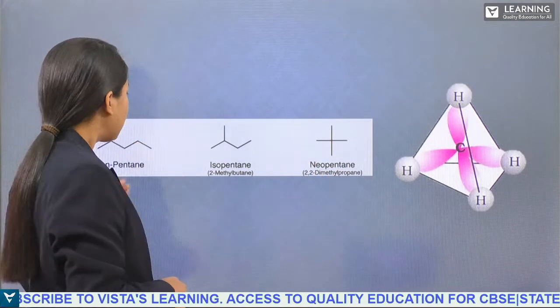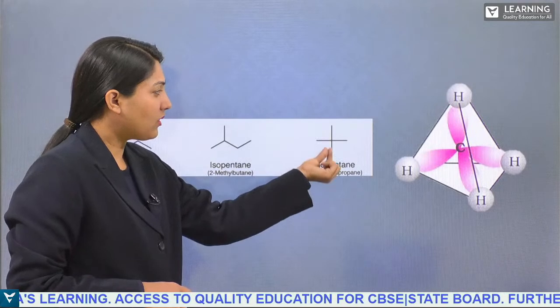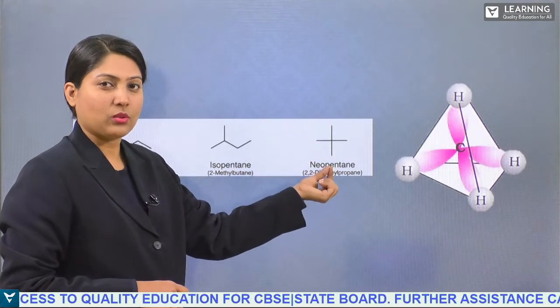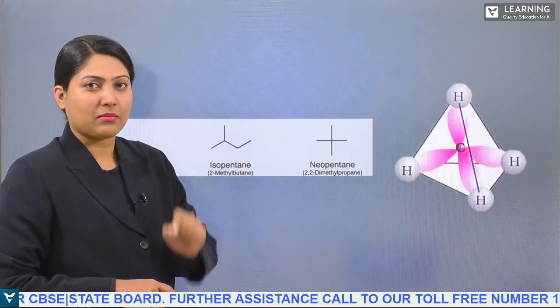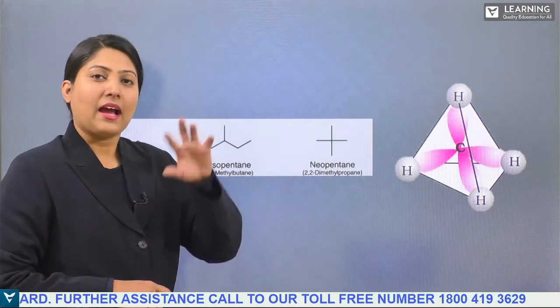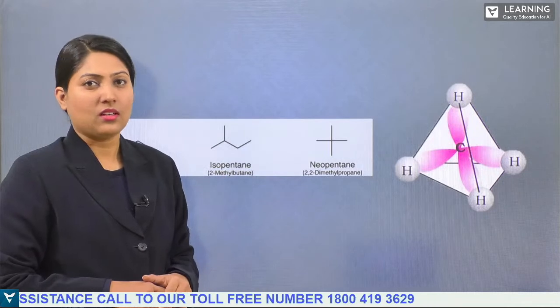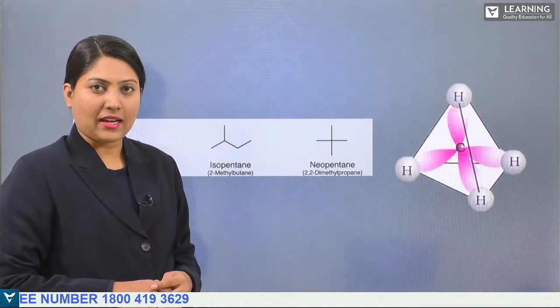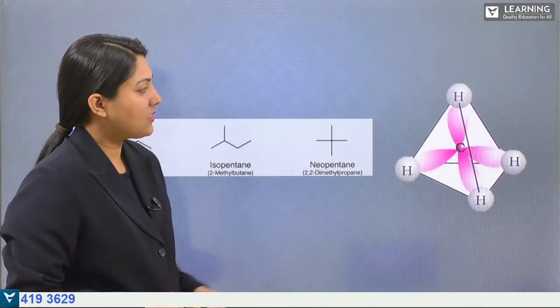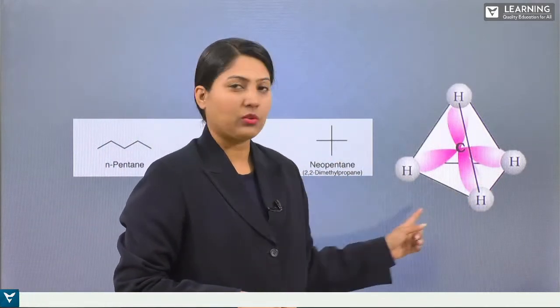Getting that? That means here each line segment has a meaning, and each end of the line segment will have one carbon atom with its tetravalency satisfied by hydrogen atoms. Similarly, you can see here one carbon atom with hydrogen.